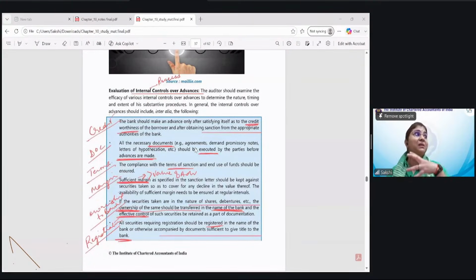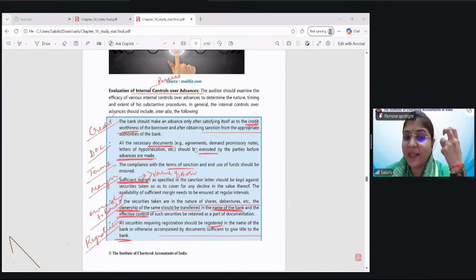You just can't make a loan to anybody like that. Any Tom, Dick and Harry walking to you and asking for a loan, will you disburse? No, not at all. You have to check the creditworthiness of the person. All right.